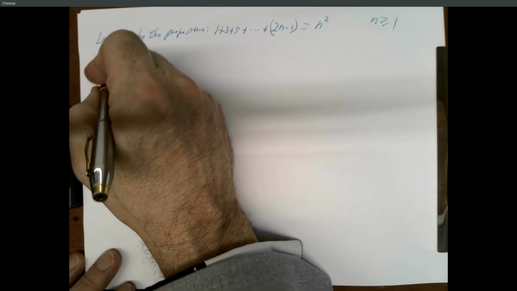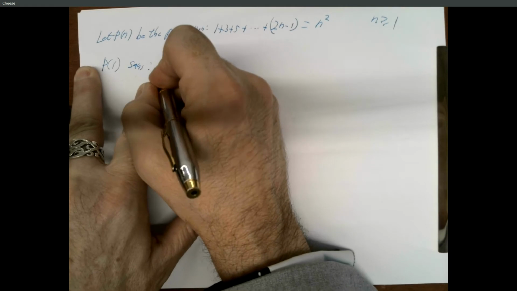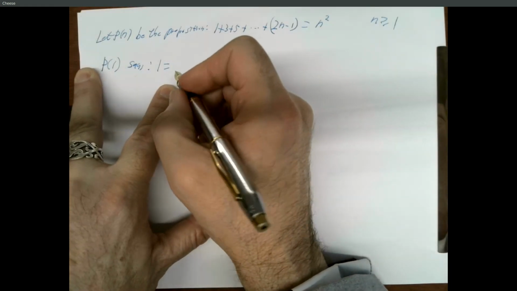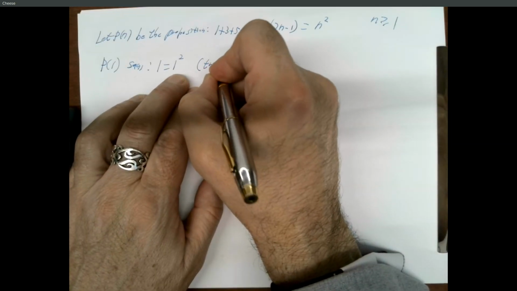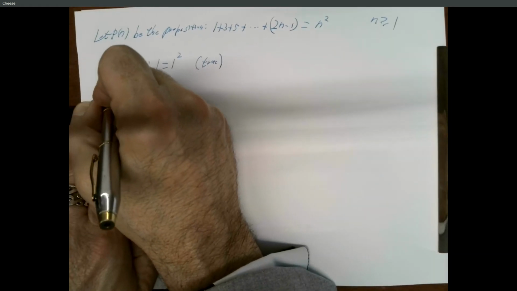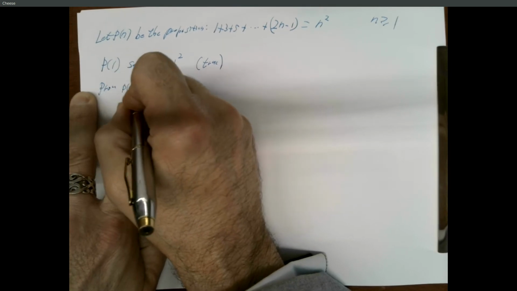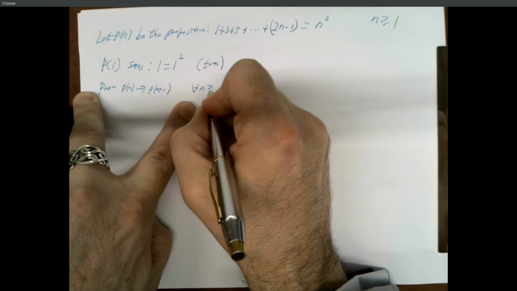Okay, so let's find a base case. P of 1 says 1, that's the sum of the first odd integer, is equal to 1 squared. And that is true, because 1 is equal to 1. So now we need to prove that P of n implies P of n plus 1 for all n bigger than or equal to 1.